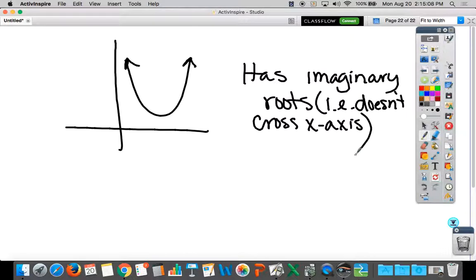It'll have a plus something i, or it'll look like a plus bi is the format. It could be, for example, 2 plus 3i.